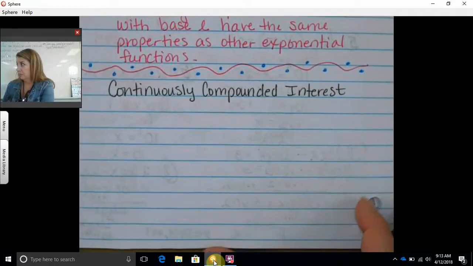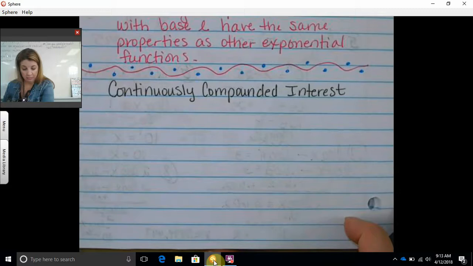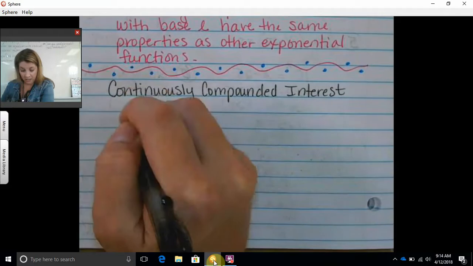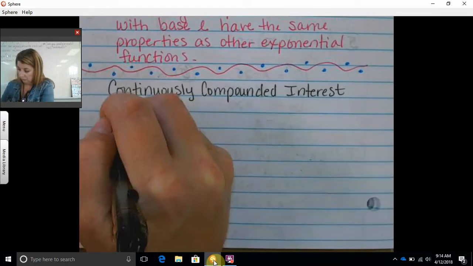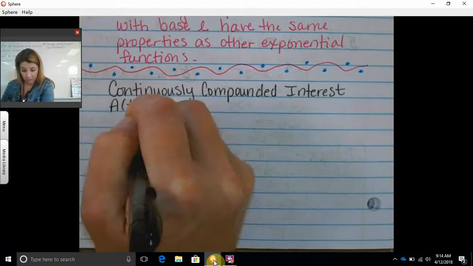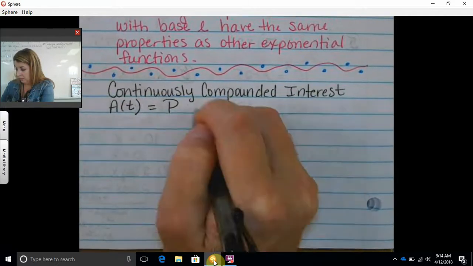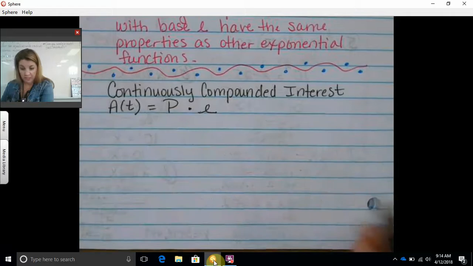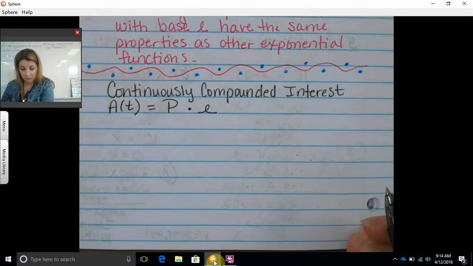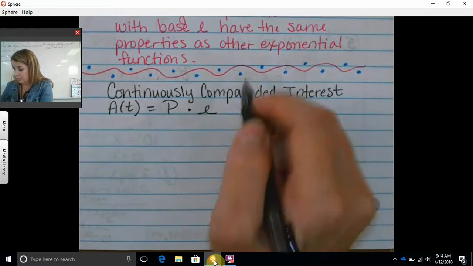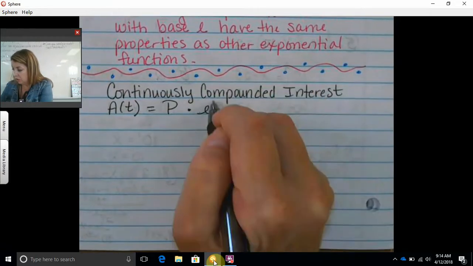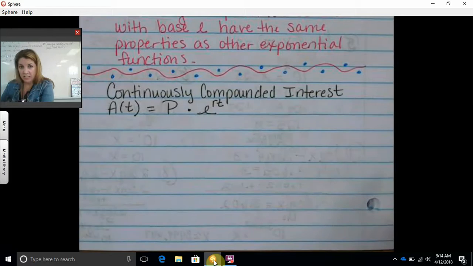Did everybody get what's above? Okay. A of t equals P times that little cursive e, meaning 2.71828, natural base, raised, I should have given myself more room, to the r times t. Make sure that looks like it's in the exponent on your paper.